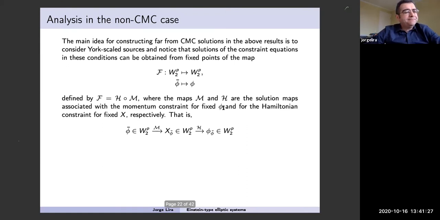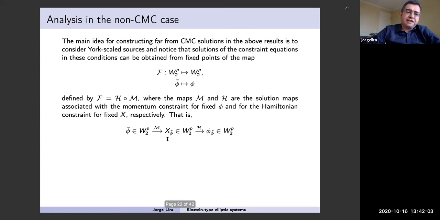Okay, so the idea then is we start with, say, the first choice of conformal factor. Then you start with some phi bar, which is a given first possibility of that conformal factor. You try to solve the second equation in the row, which is the momentum equation. So you start with that choice phi bar that could be, for instance, the sub solution.